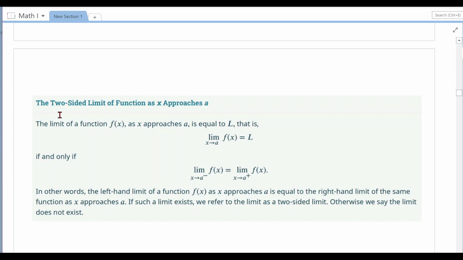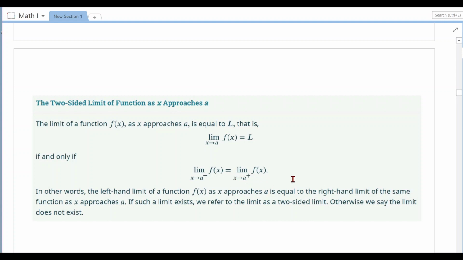The two-sided limit of a function as x approaches a equals L, written with the notation here, if and only if the limit of that function as x approaches a from the left equals the limit of the function as x approaches a from the right.